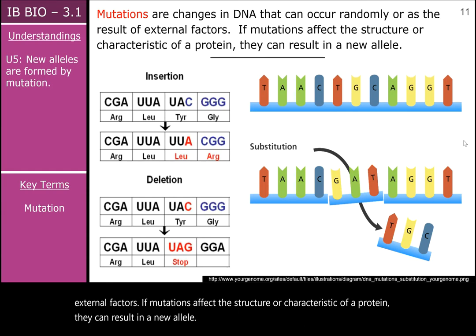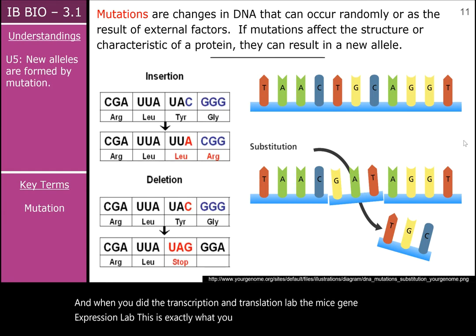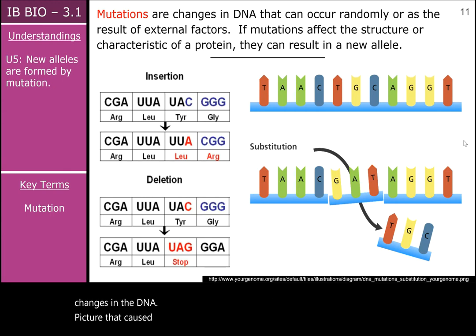And when you did the transcription and translation lab, the mice gene expression lab, this is exactly what you were doing. You were looking for changes in the DNA structure that caused differences in the amino acids, which caused a difference in the phenotypic trait that you saw.